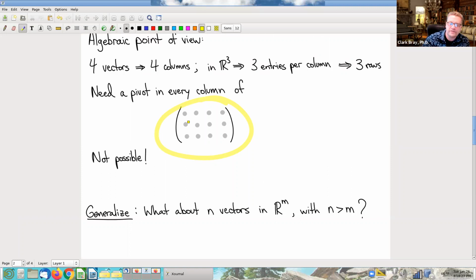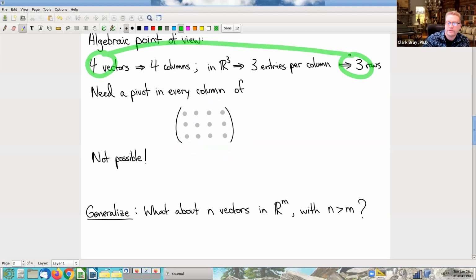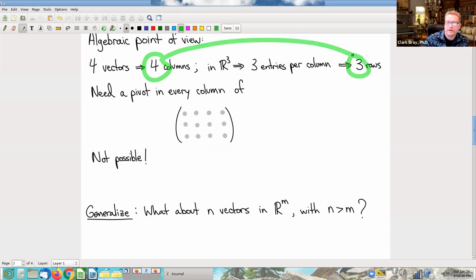Each vector represents a column. Each dimension that you're in represents a row. And if you have too many vectors, that means you have a short wide matrix. And in this case, the point was that 4 is bigger than 3, and therefore, you cannot have a pivot in every column. You're going to have a free variable.